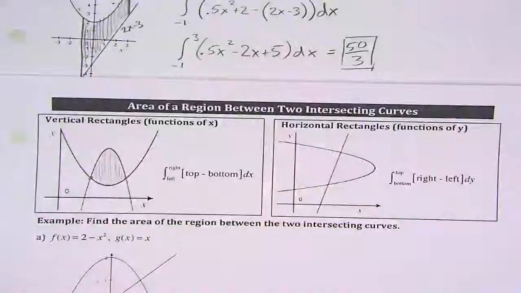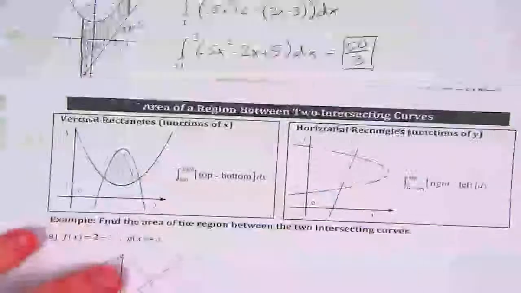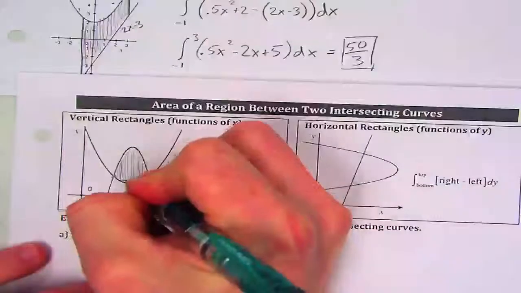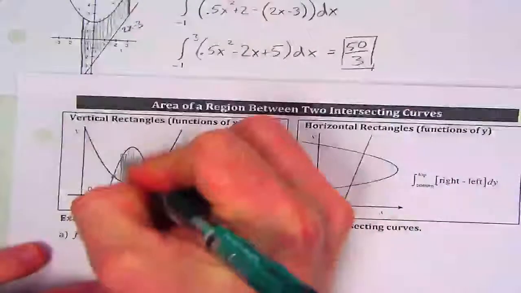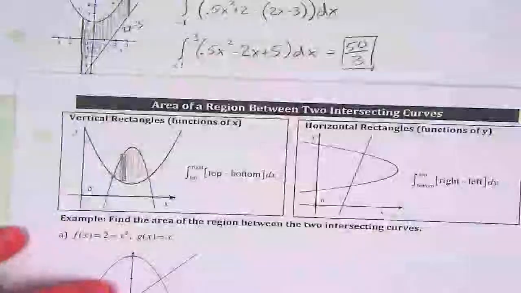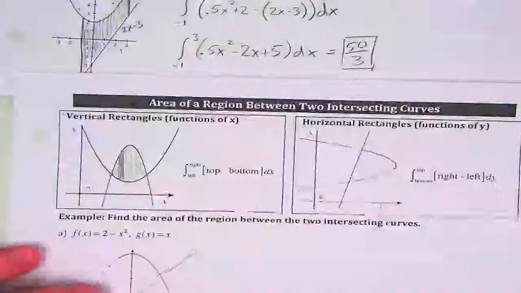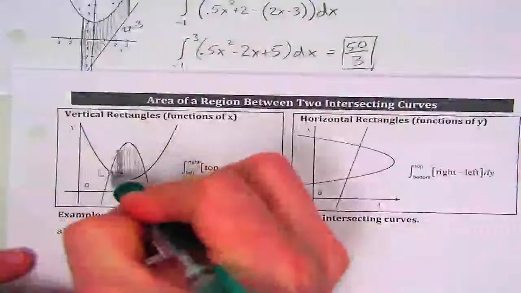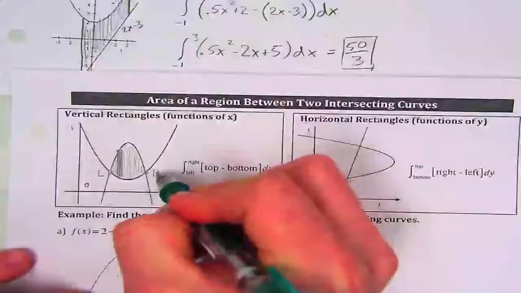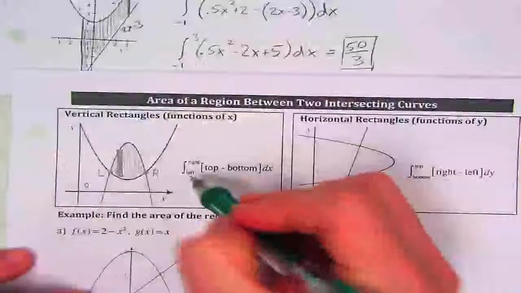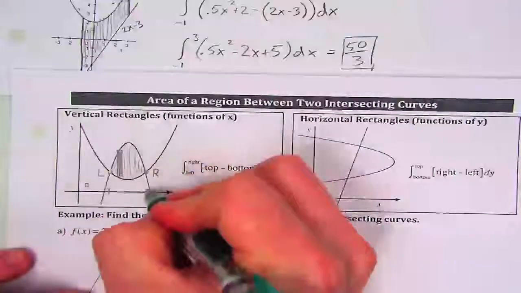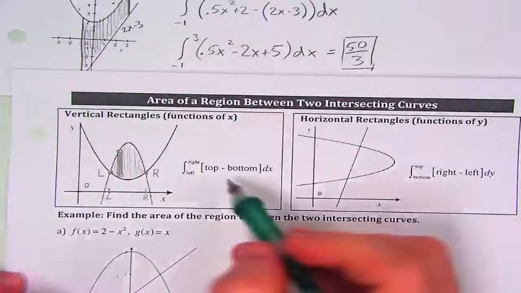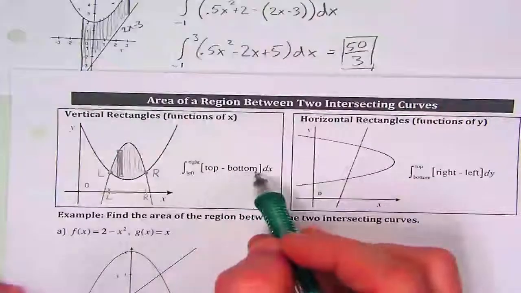is right here. And when we look at this, if we were to draw our rectangles, we would draw vertical rectangles. Okay? When you draw vertical rectangles, the limits of integration are going to be from the left point to the right point. So we've got L and R. And then your functions, it's going to be the top function minus the bottom function.